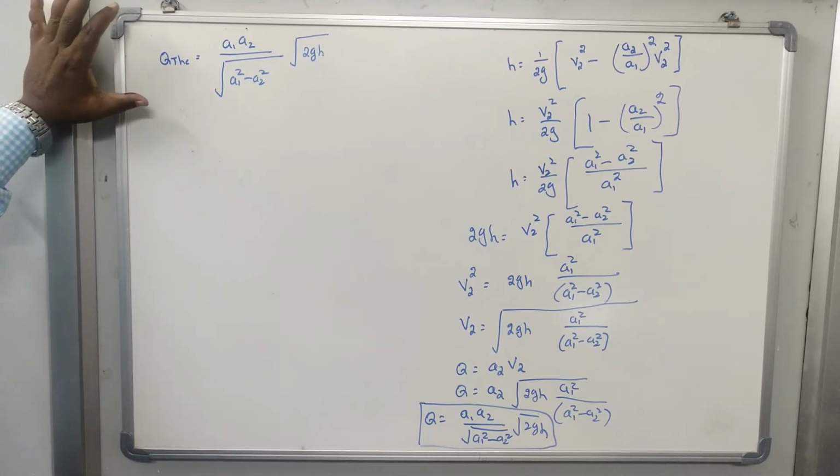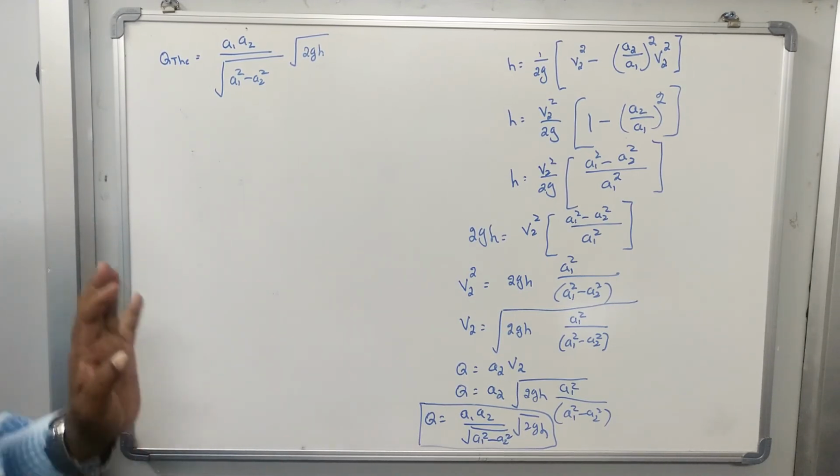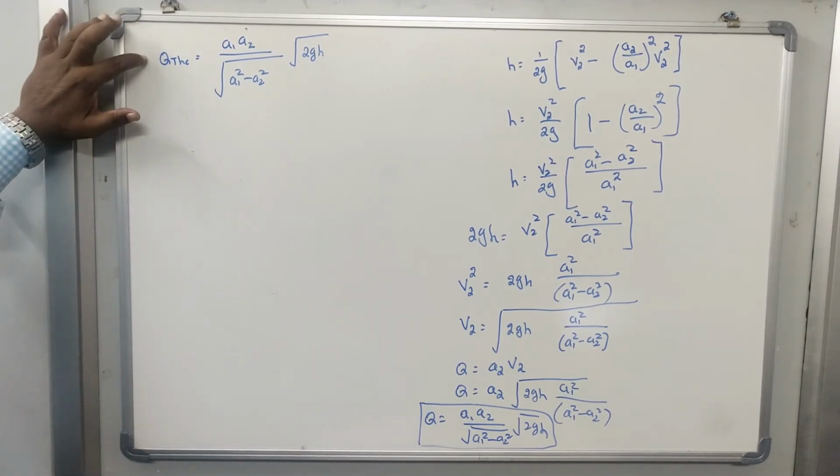Water is a real fluid, and this is the theoretical equation, so we can't use this theoretical equation directly to measure the discharge inside the pipe.